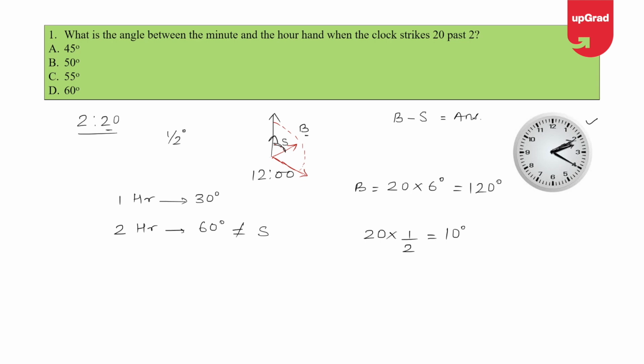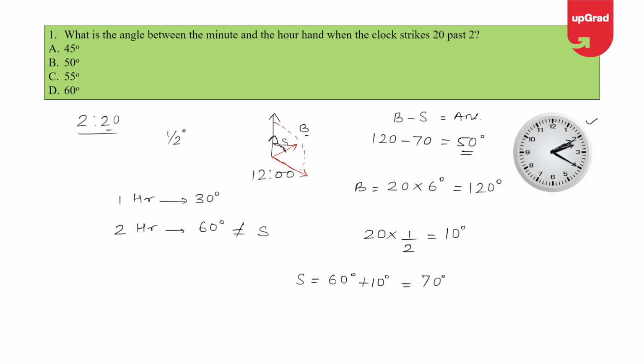So the total smaller angle is going to be 60 degrees, which was traveled by the hour hand to reach 2, and 10 degrees, which is the drift. So the smaller angle is nothing but 70 degrees. And therefore, my answer to this question becomes 120 minus 70, which is equal to 50 degrees.